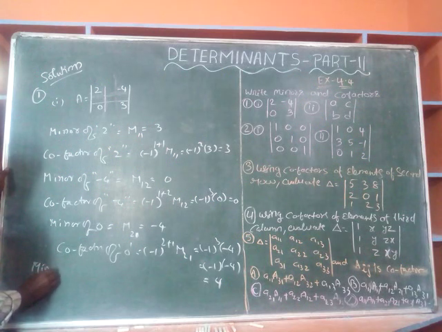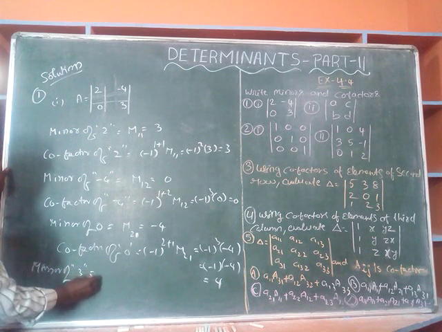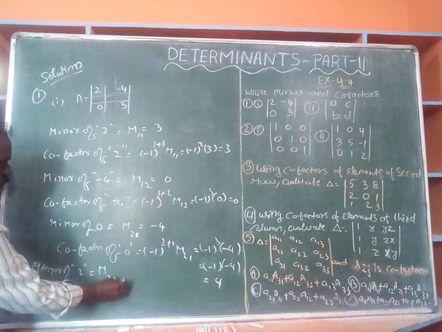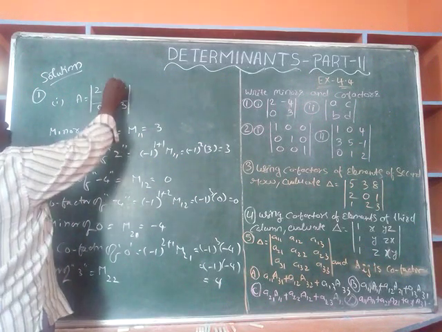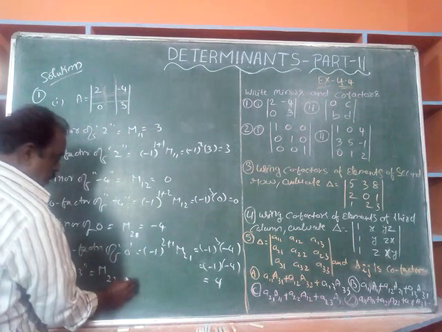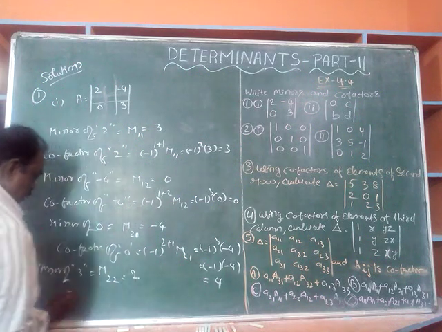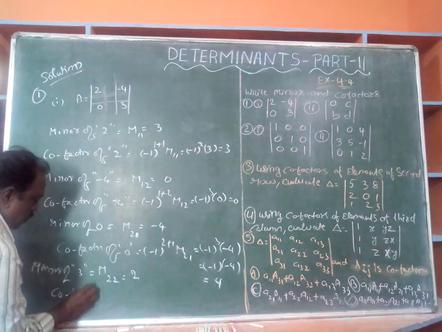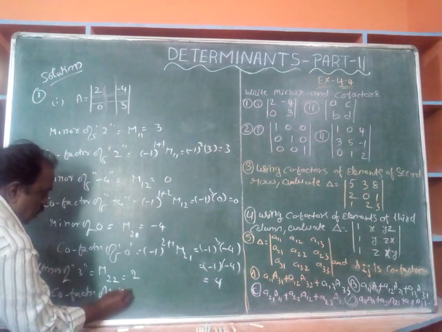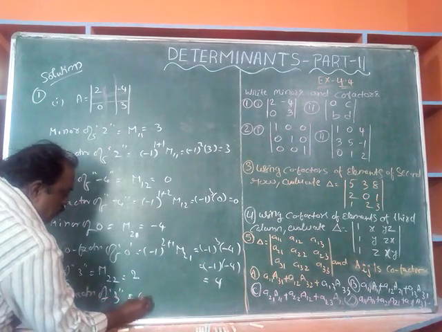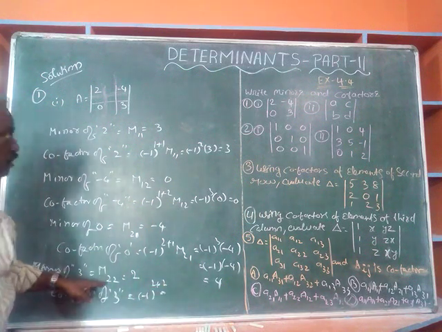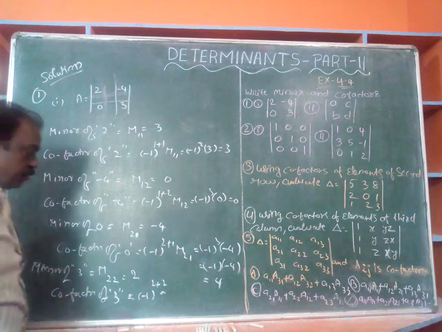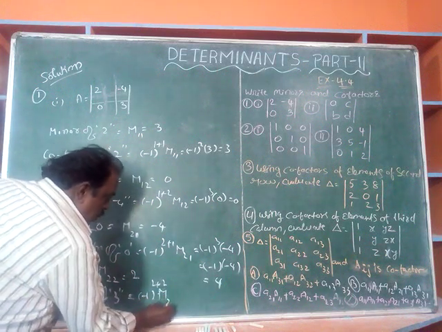The last one. What is the minor of 3? That is M22. It is second row and the second column. After deleting that row and column, we get 2. But the cofactor of the same element 3 is (-1) power the same position, second row, second column, into M22.